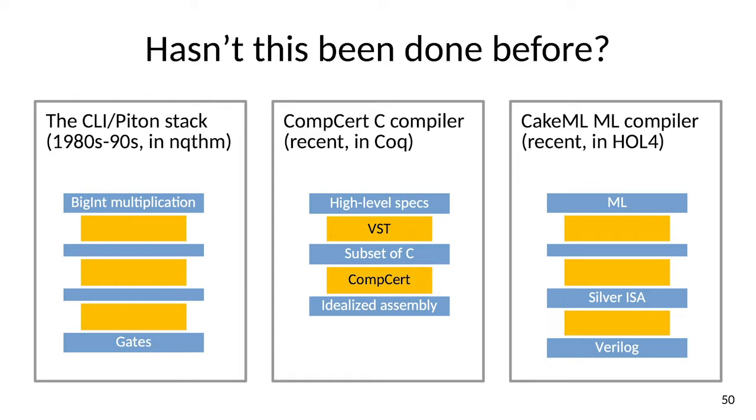There's also the CompCert verified C compiler, on top of which you can put the verified software toolchain, and at the bottom it has an interface which has been extended further down, but as far as I know, people haven't gone all the way down to verified hardware. And there's also the CakeML compiler, which goes from a functional language called ML all the way down to Verilog.